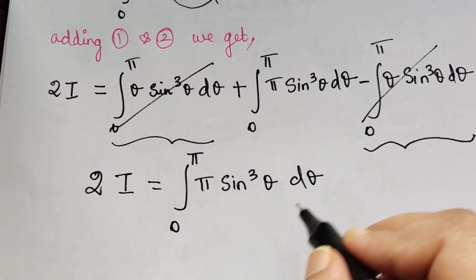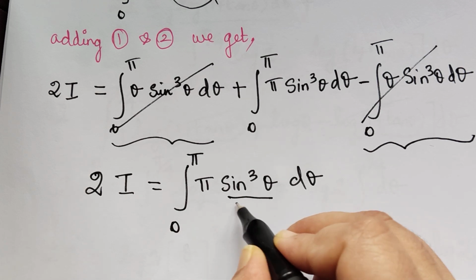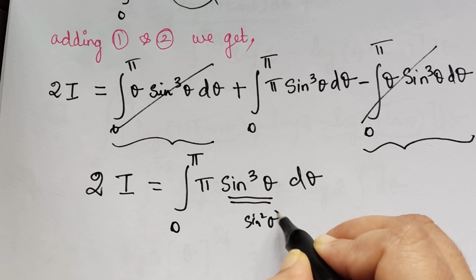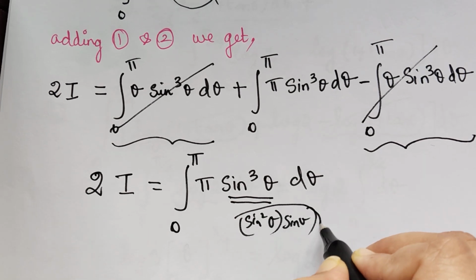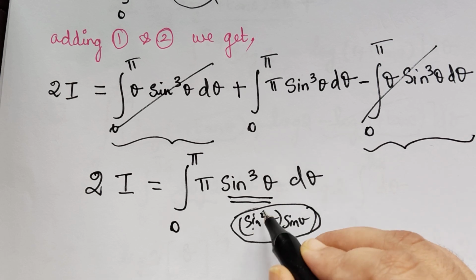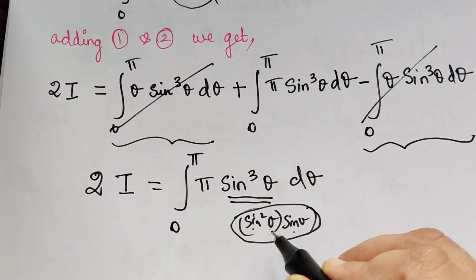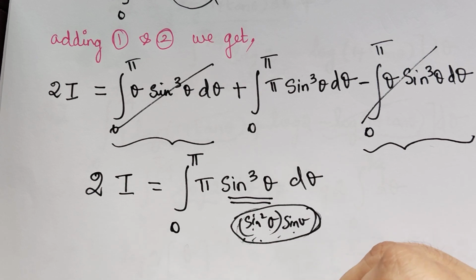Now let us evaluate this integral, for which we are going to write this sine cube theta as sine squared theta multiplied with sine theta, in order to make a substitution. Why we are doing like this, you will understand as we follow the next steps.